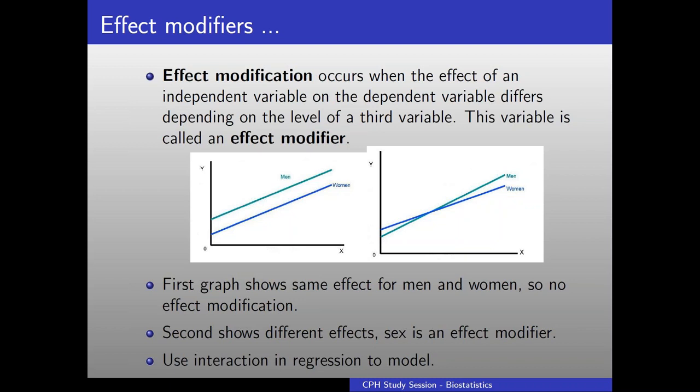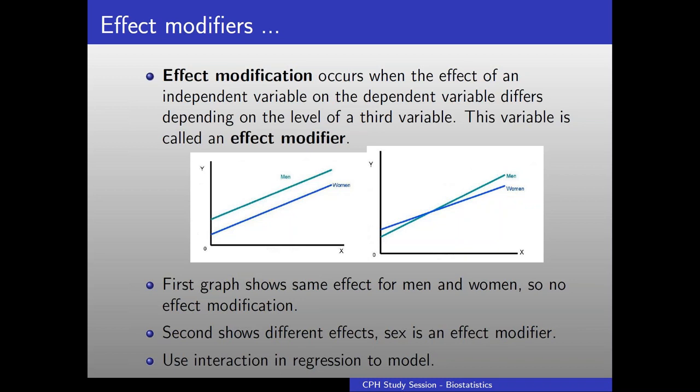However, in the second graph, you see that the men and women have different slopes, meaning the effect of X on Y is different for men and women. In this case, gender would be an effect modifier.